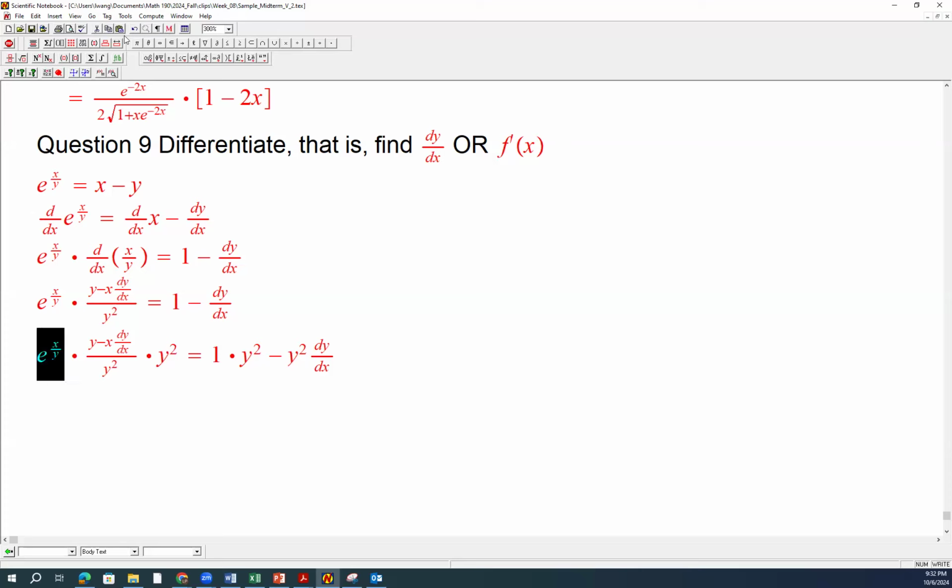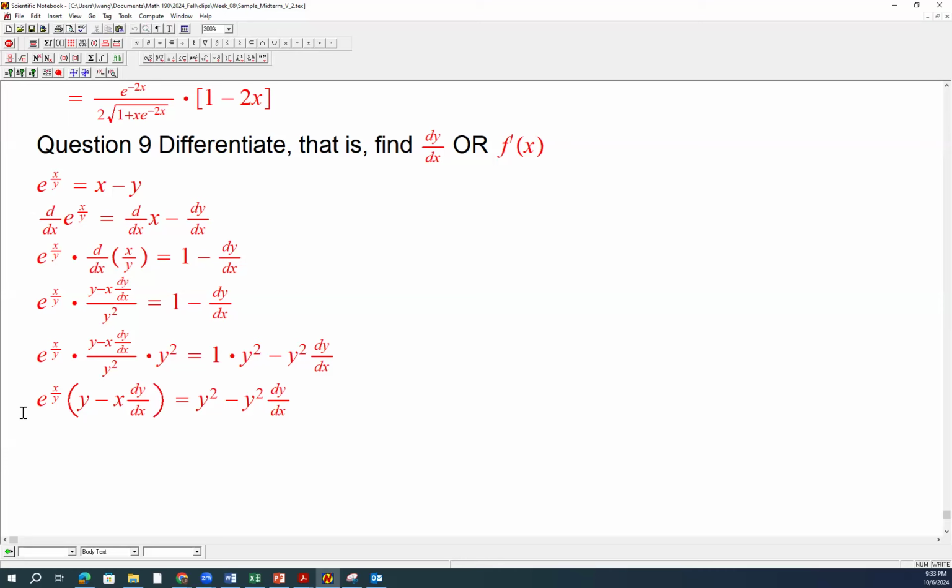So we have e to the power of x over y, multiply that piece, and this needs to be in parentheses, equals the other side, which is y squared minus y squared multiplied by dy dx. We multiply y squared on both sides. And next, we still haven't gotten them together.